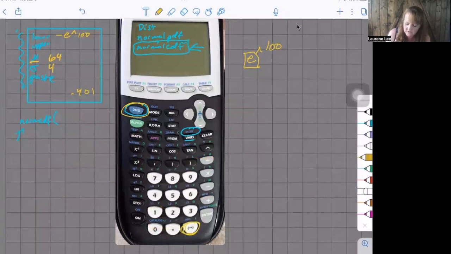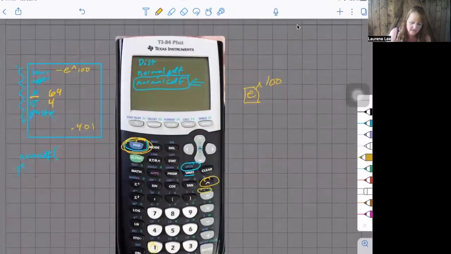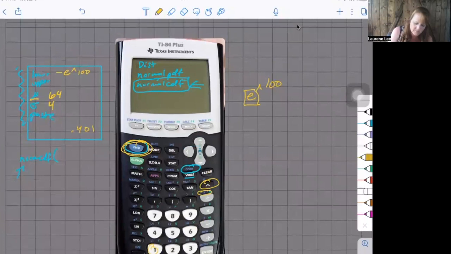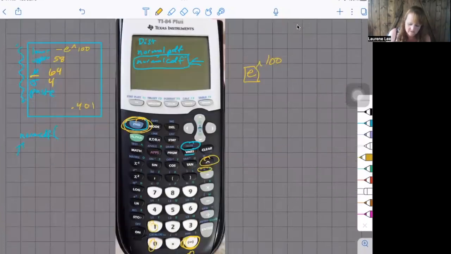Okay, so it'll say error if you use that minus sign. That's not a negative. So I'm going to go negative, and then I'm hitting my second function and my e above the division, and then my caret and 100. That's my lower bound, and then my upper bound is my 58.